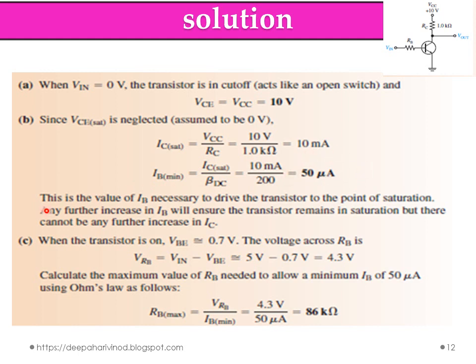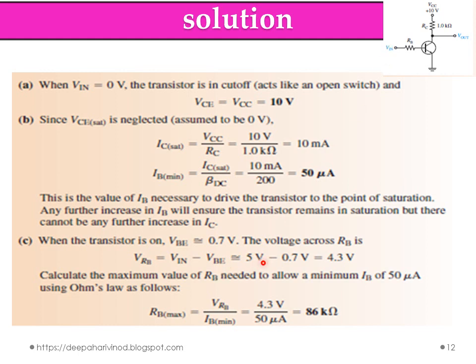Now the third question was, when the transistor is on, VBE equals 0.7 volt and Vin is given as 5 volt. We need to find the RB maximum. That is, the voltage drop across RB, VRB, equals Vin minus VBE.